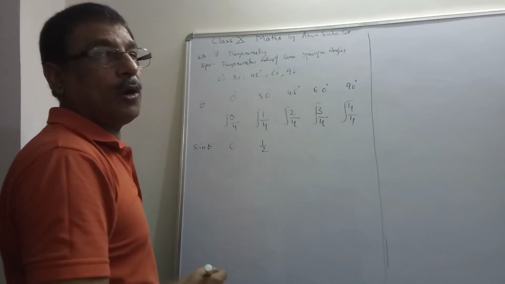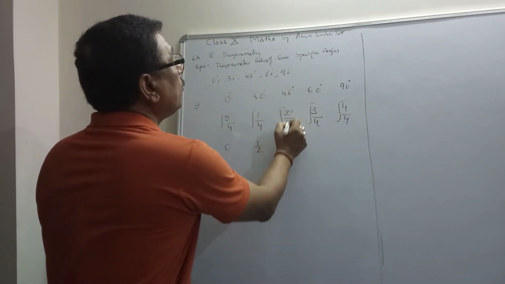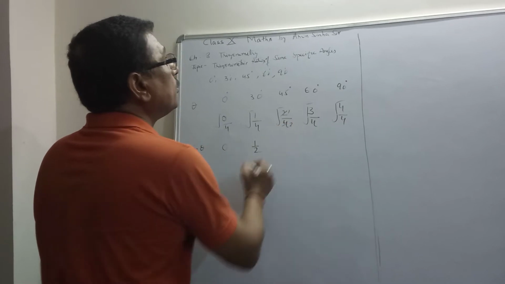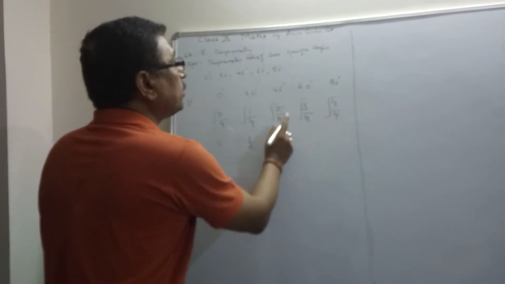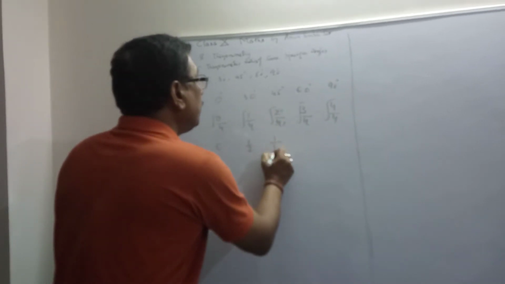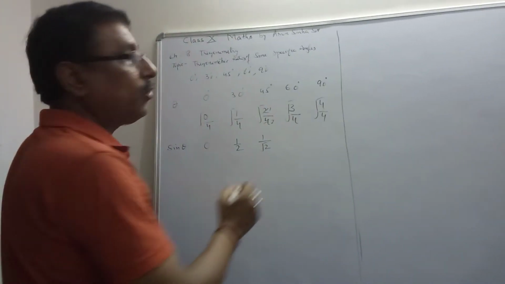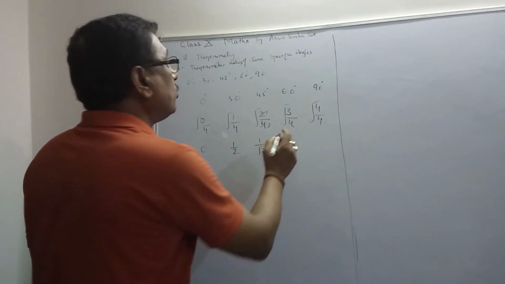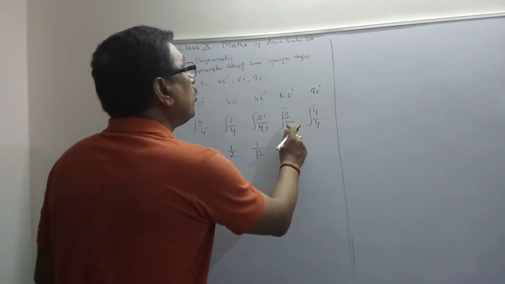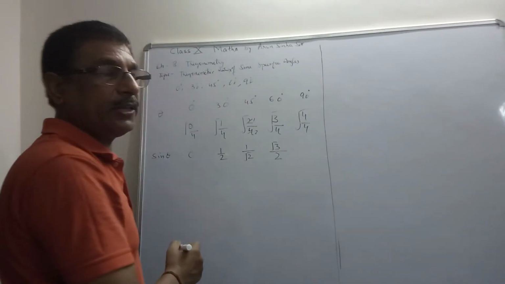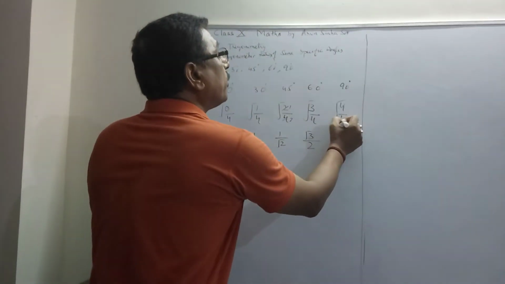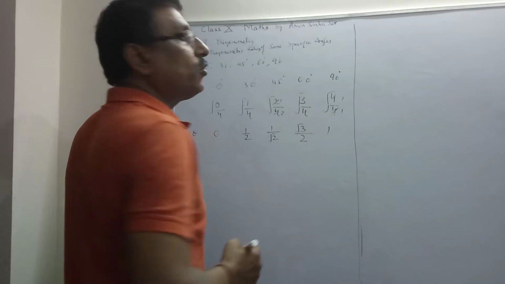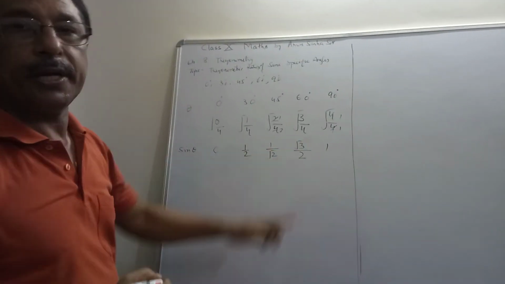Now 2 and 4 cancel, so you get square root of 1 is 1 and square root of 2, since 2 is a prime number, will be under root 2. Now 3 is also a prime number, so its square root will be root 3 and square root of 4 is 2. I think you know all these things very well, so I am not going to explain. 4 and 4 cancel to 1, so you get square root of 1 as 1. So you can see you are getting the values.